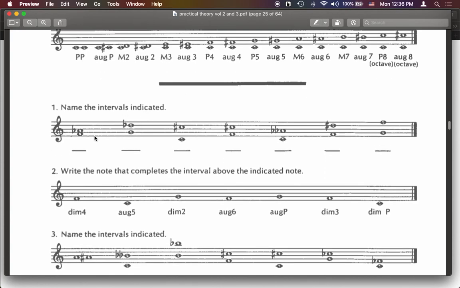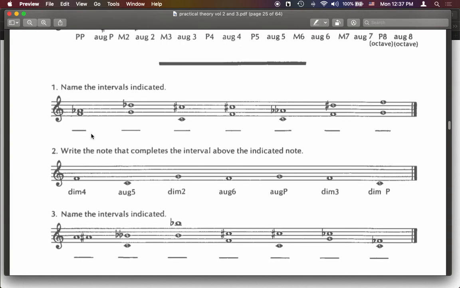So, if you see a flat or a sharp, just know that it's going to be a major or minor interval. In this case, all of the ones with sharps are going to be major or augmented. All the ones with flats are going to be minor. A double flat has to be diminished.